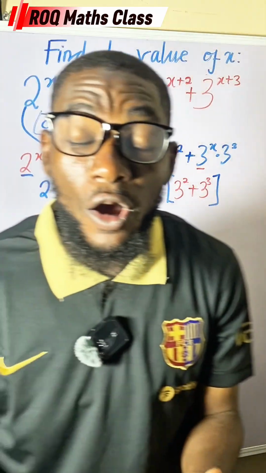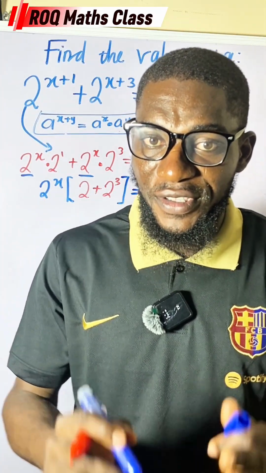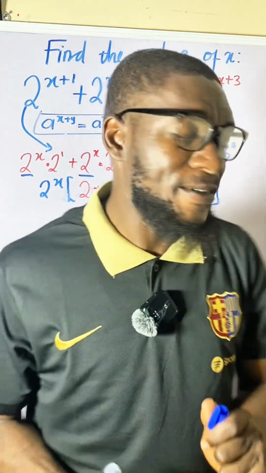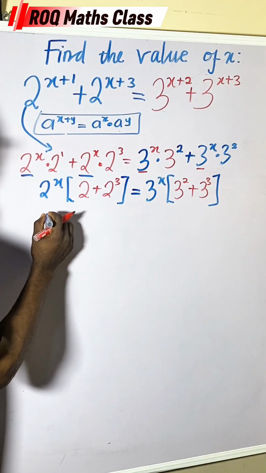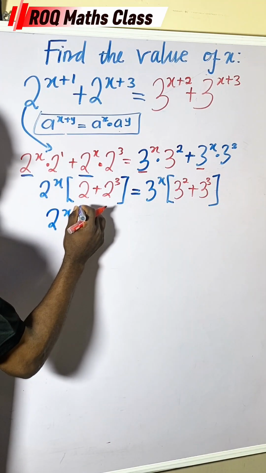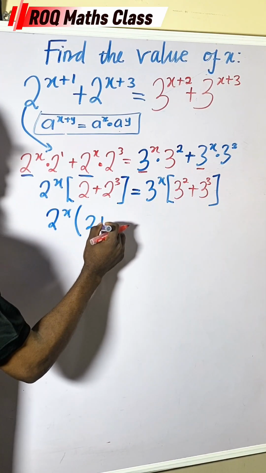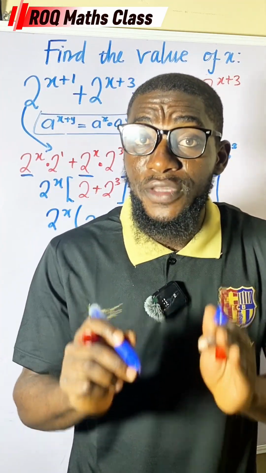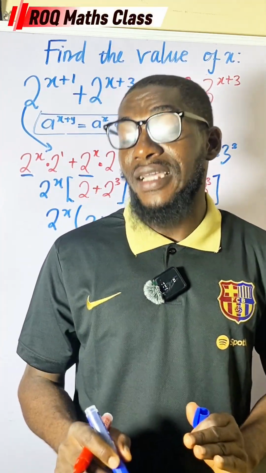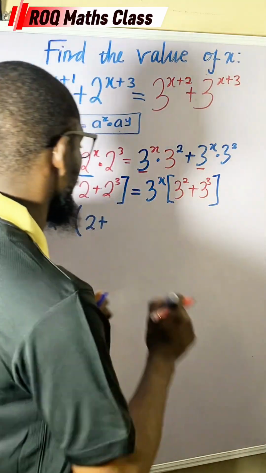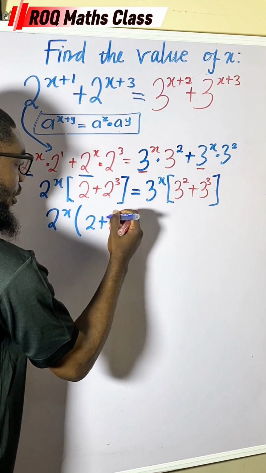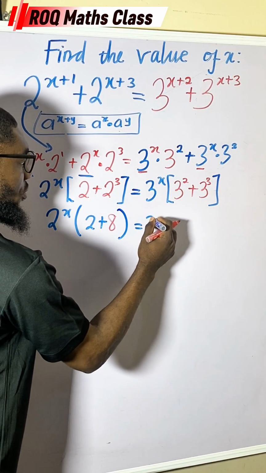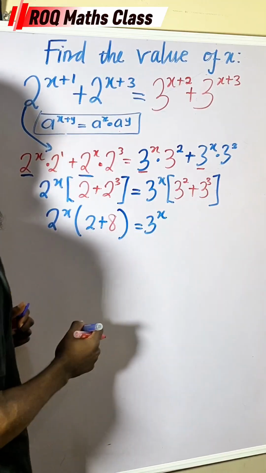Wow, we are almost done. Calm down. We are going to get there now. Now, this is the same thing as 2 to the power of x times 2 plus 2 to the power of 3, which is 2 times 2 times 2, that is 8. We have 8 equals 3 to the power of x.